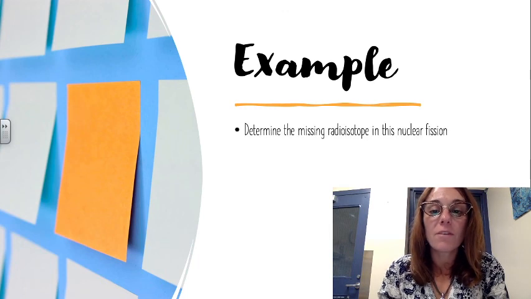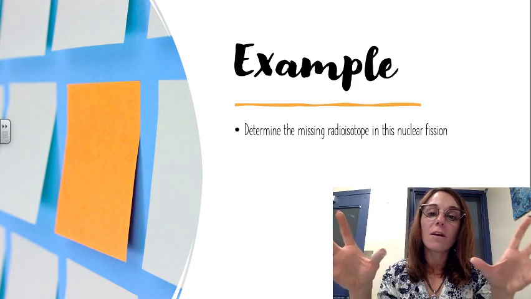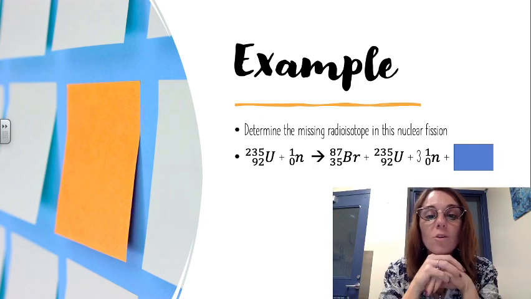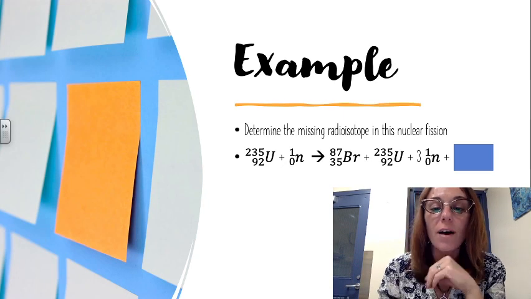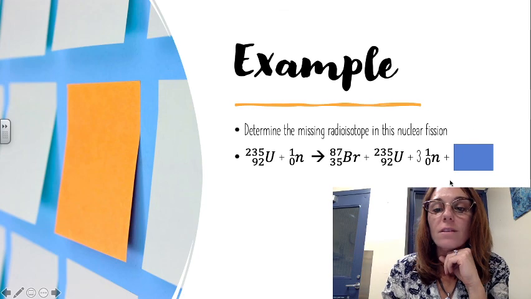So in this type of example, you are given a whole bunch of parts of the equation and you have to figure out what's missing. So here I have uranium-235 being bombarded with a neutron and it creates two smaller isotopes here. I need to figure out what is left over.